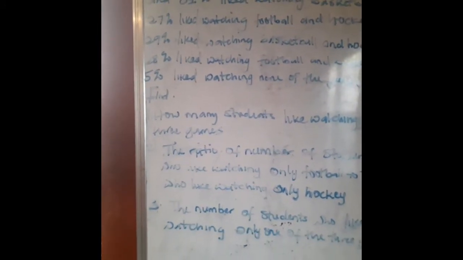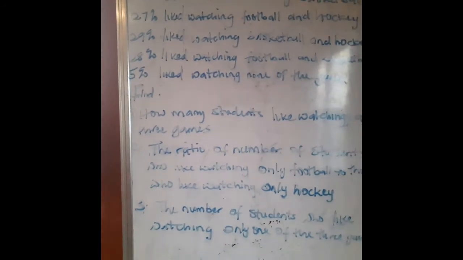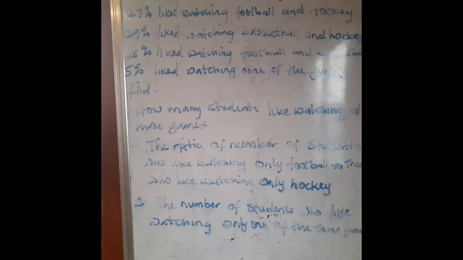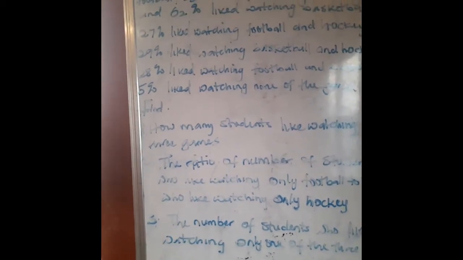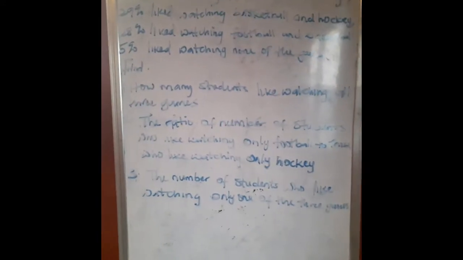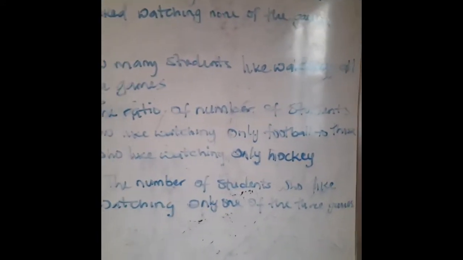So the question says, we have 3 questions there. It says we should find how many students like watching all the 3 games, that is football, hockey and basketball. Number 2 says the ratio of number of students who like watching only football to those who like watching only hockey.